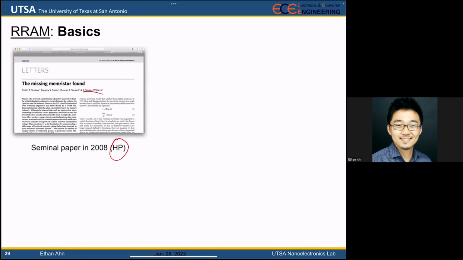The paper had an interesting title, "The Missing Memristor Found." At the time it was very interesting, but no one actually knew what physical property it has, or how to define and design this technology.